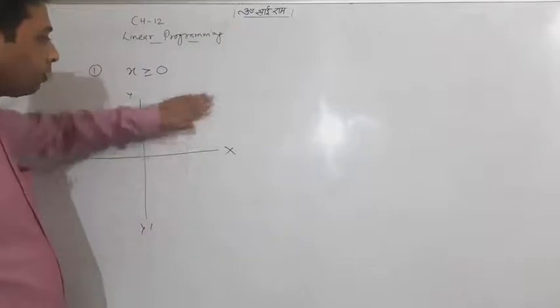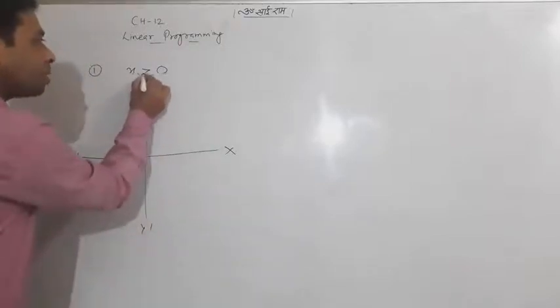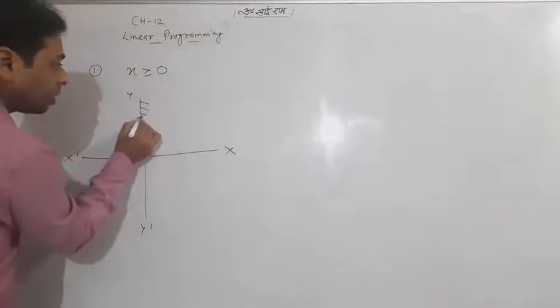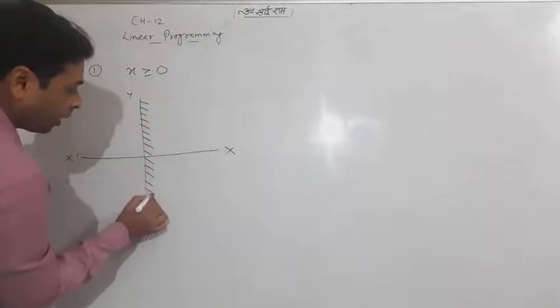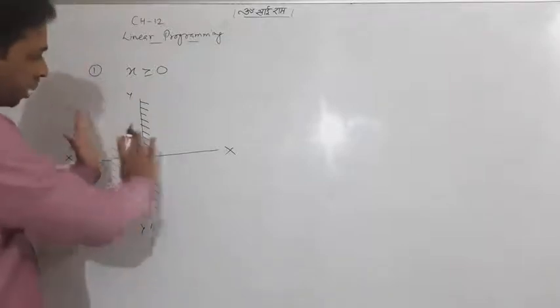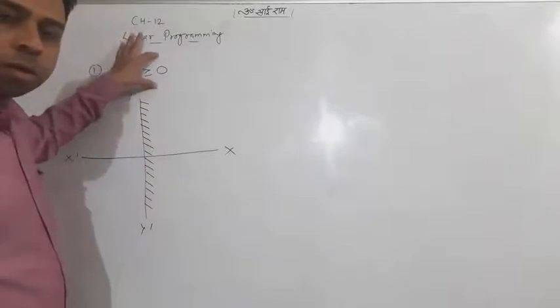One should know that in the first quadrant and fourth quadrant x is positive. So x greater than or equal to 0 represents this area, shown by this small shaded line. It shows that the right region of the y-axis is x greater than or equal to 0.